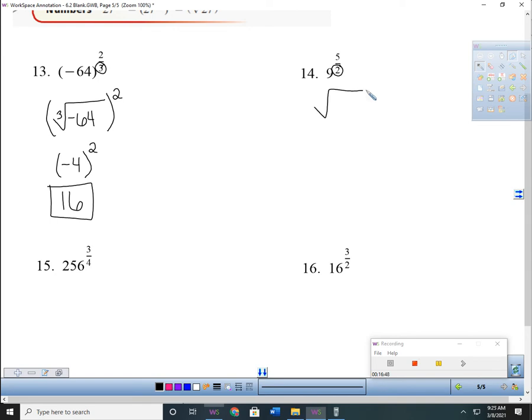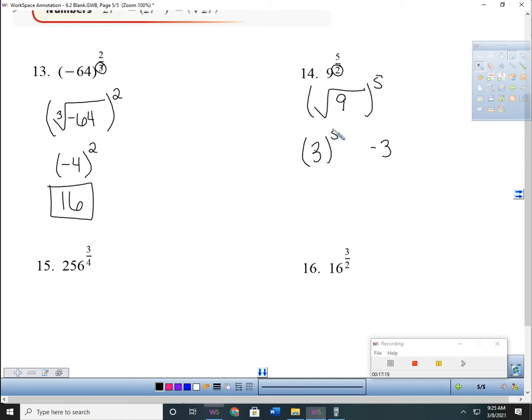All right, so we have a square root. So in this answer, we're going to have how many answers? 2. So we have the square root of 9. What do you know about 9? Is that a perfect square? Okay, it is. So let's go ahead and put the 5 on the outside. So we have, what multiplies by itself 2 times to give you 9? 3 and negative 3, right? So 3 is one answer I get.